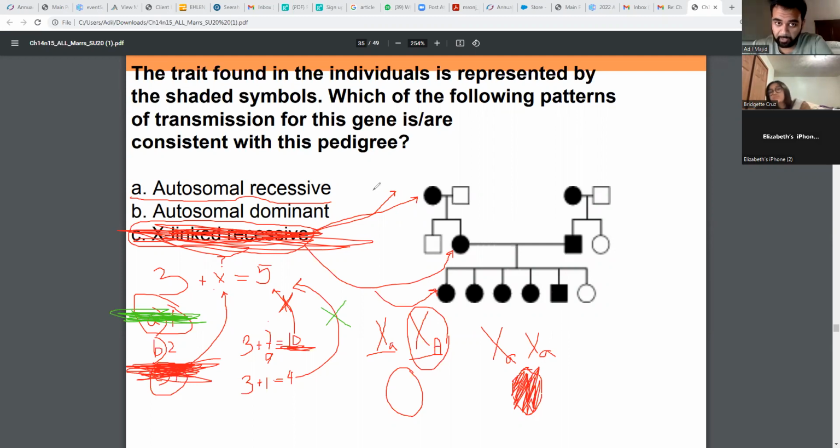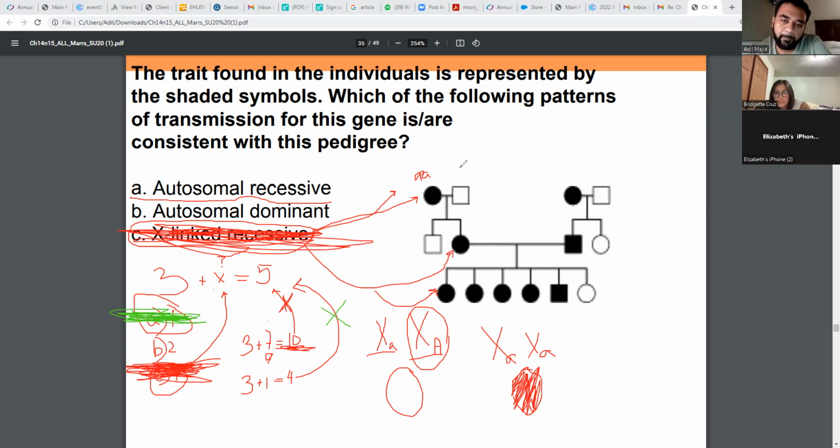Okay. In order to be autosomal recessive, what does this have to be? Big A, little a, or big A, big A? What does it have to be? It would have to be little a, little a. Good. Now, what is this guy? What are the options for him?